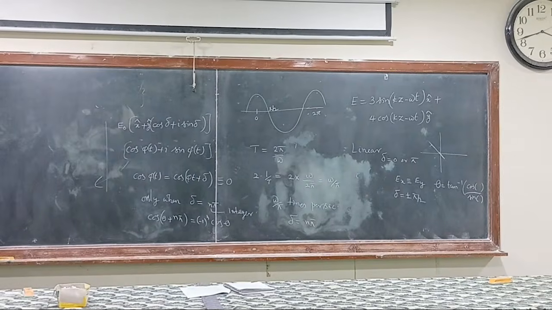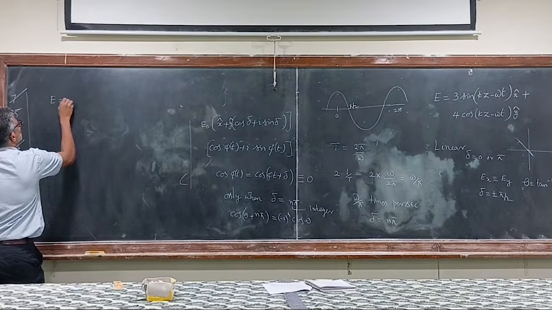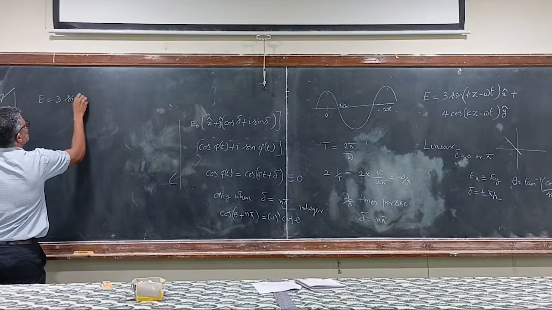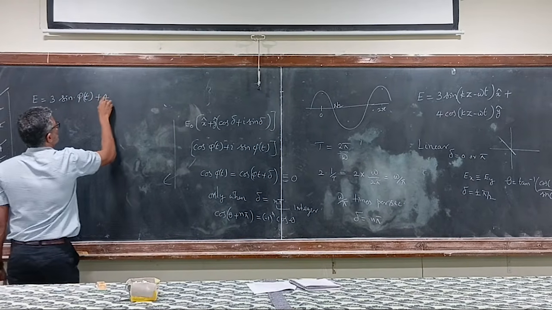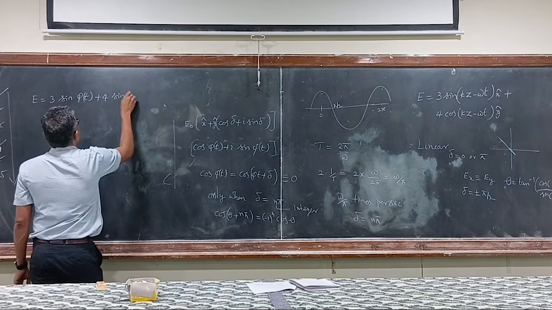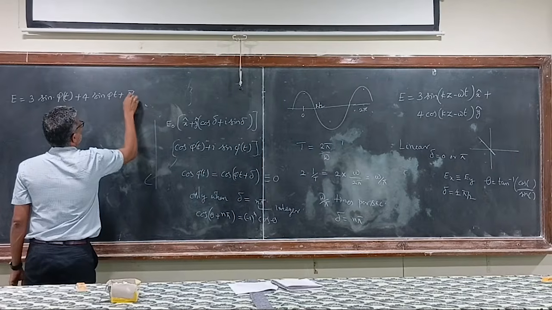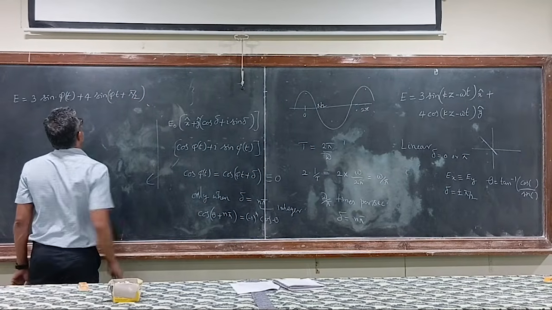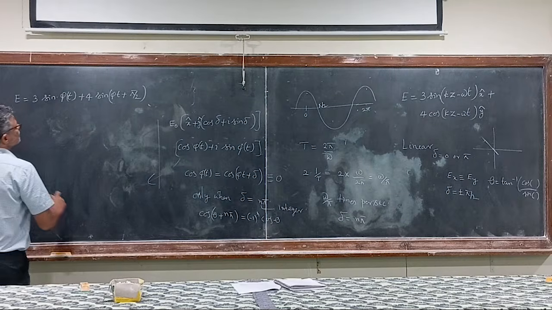So let's try to rewrite this as E equal to 3 sine phi of t plus 4 times, so this cos can be written as sine phi of t plus pi by 2. Is that correct? Can I add this function?